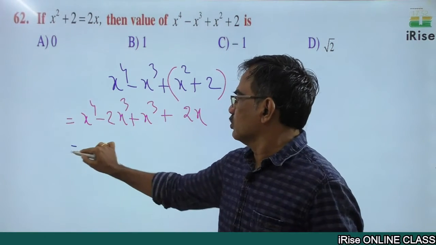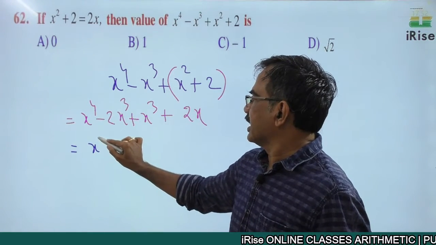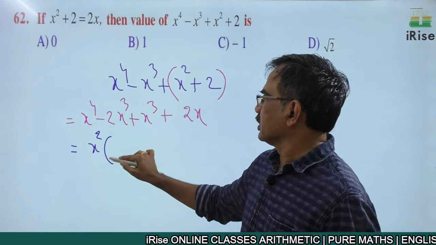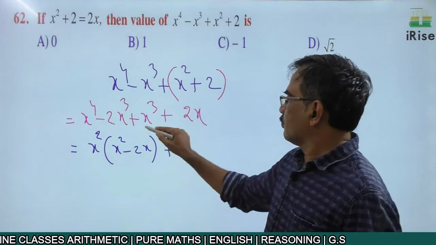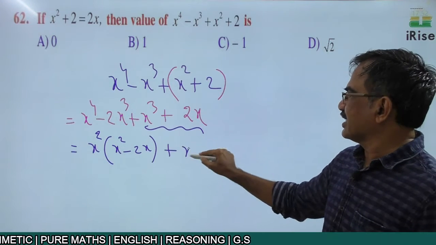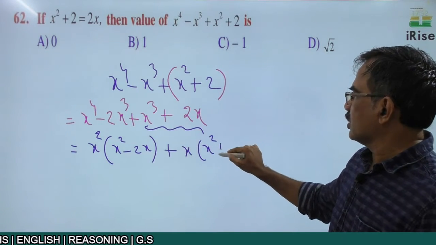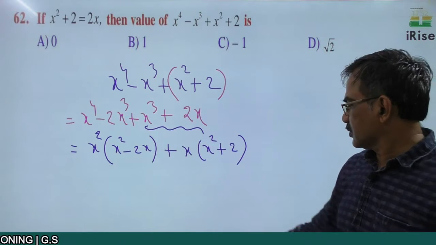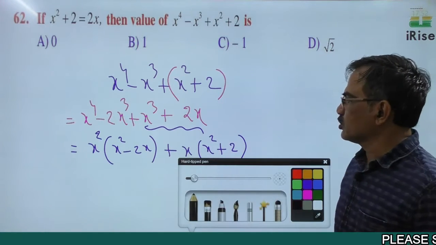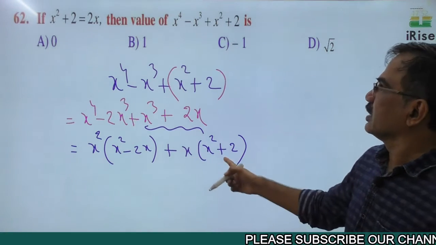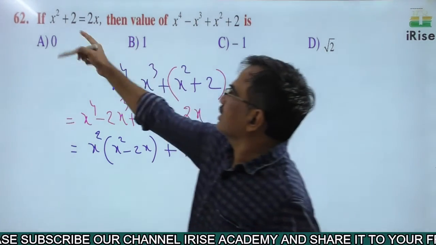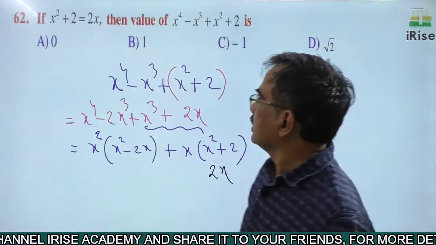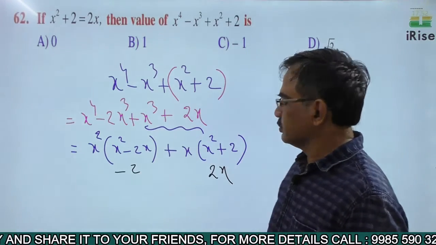From these two, take x square common, we get x square minus 2x. From these two, take x common, we get x square plus 2. So what is x square plus 2? Here x square plus 2 is 2x, and x square minus 2x is minus 2.